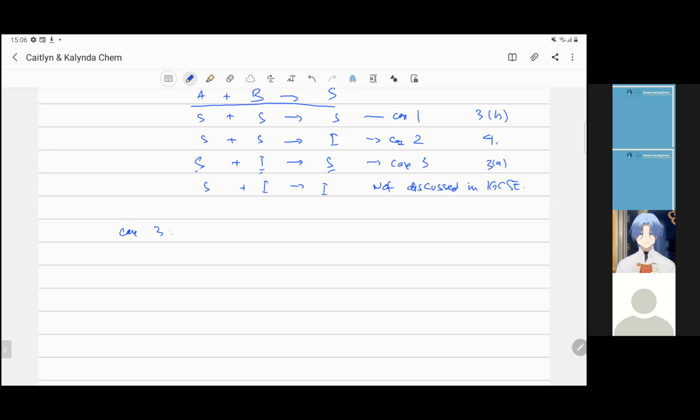Case 3: a soluble acid, all acids are soluble, plus an insoluble base, makes a soluble salt.